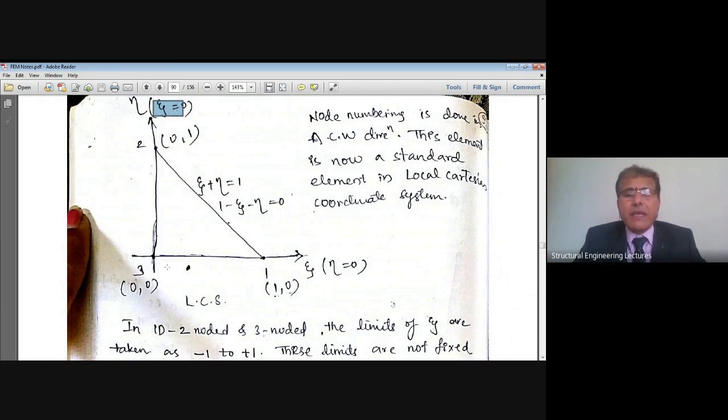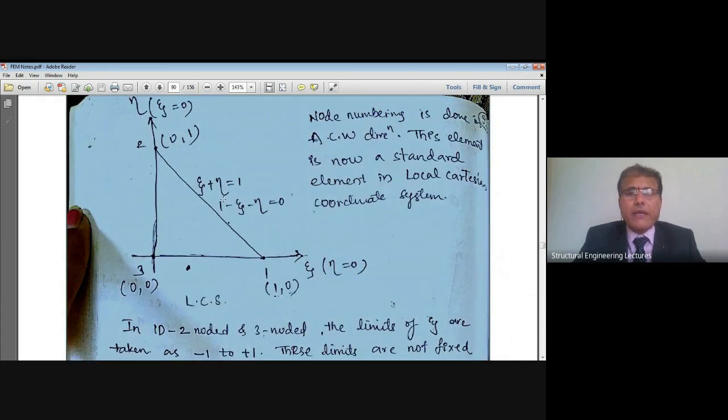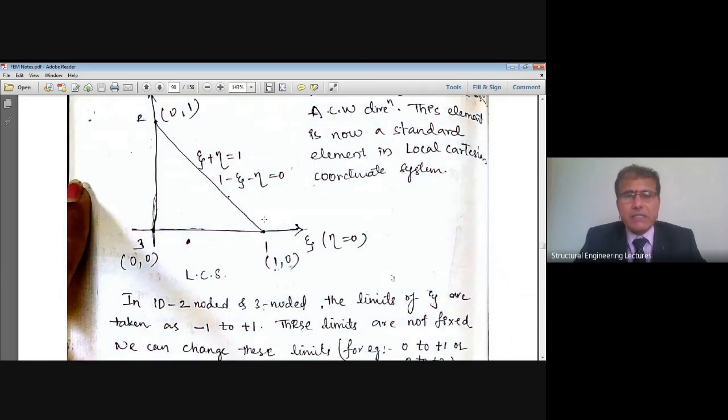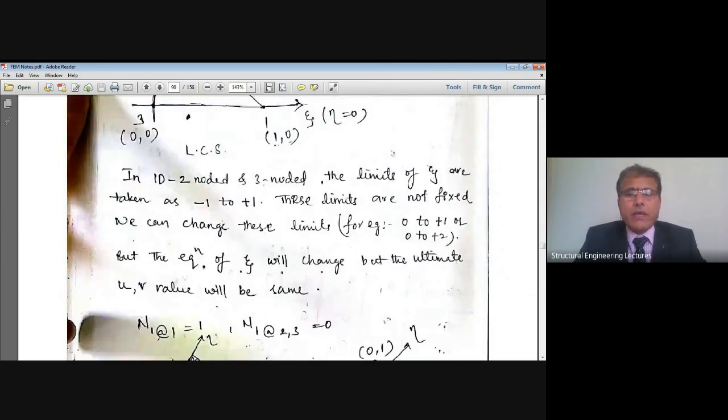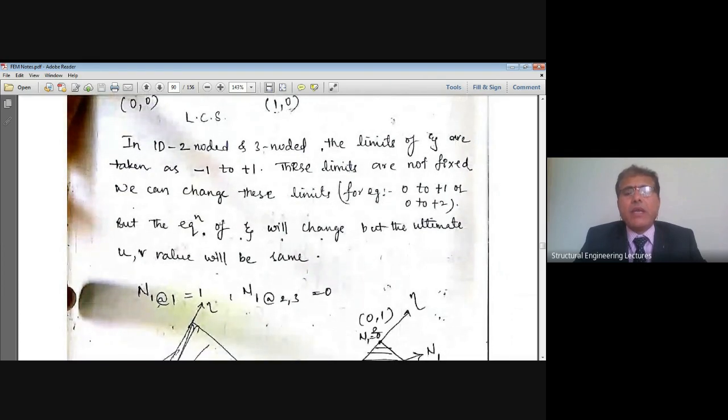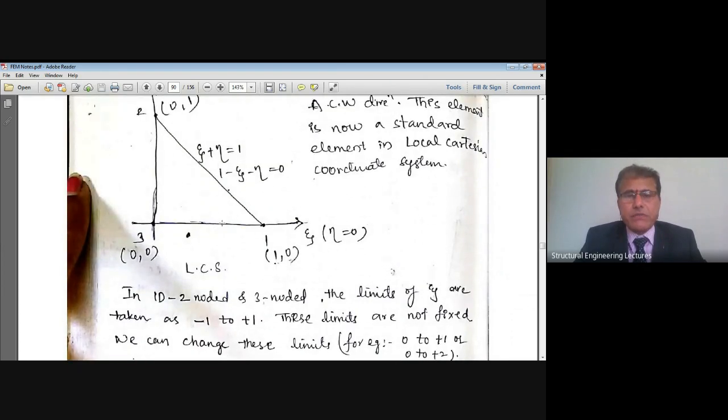The equation of the line connecting node 3 and 1 is given by eta equal to 0, and the equation of the line connecting node 1 and 2, this side, is given by 1 minus xi minus eta equal to 0, or xi plus eta equal to 1. Both are the same. That is how I have the equations of the three lines, so that they can be used in deriving the shape functions.